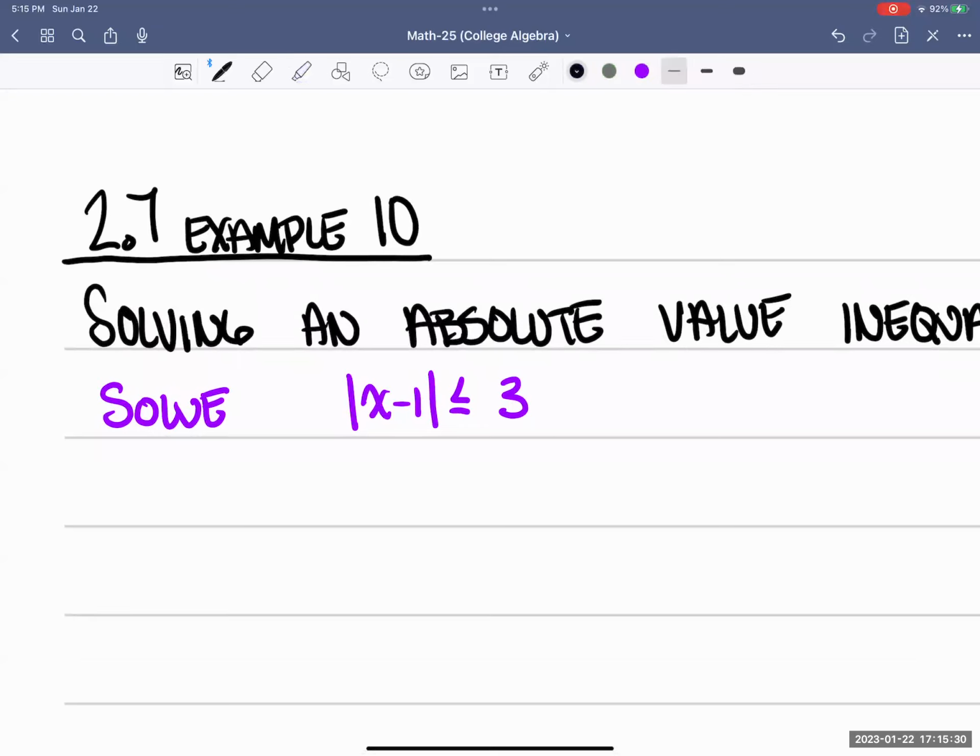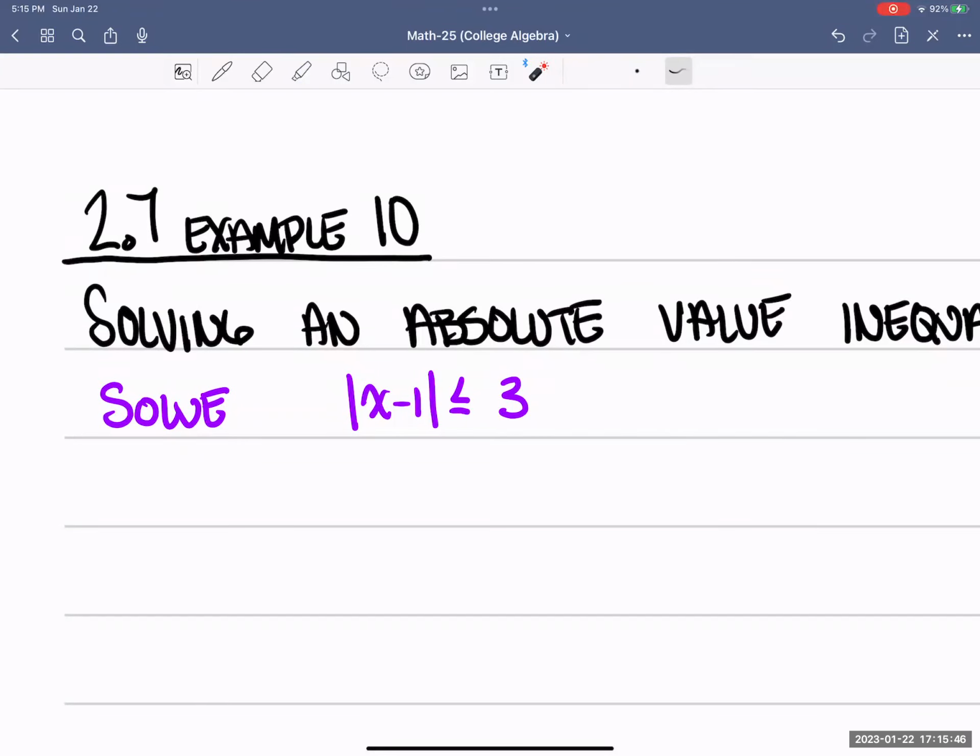I know the book doesn't really state it in this example, but we're going to look at less than or equal to, but we're also going to look at greater than or equal to. With less than or equal to, we're looking at a very concise set of numbers.